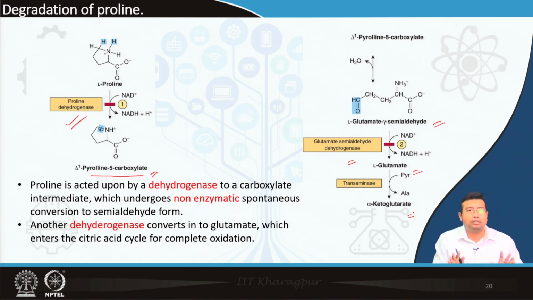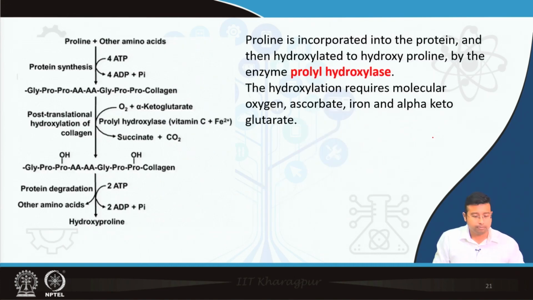So, the most important thing to remember over here is the fate of proline and the presence of this compound glutamate semialdehyde. Structure is not important, but the names are very important.